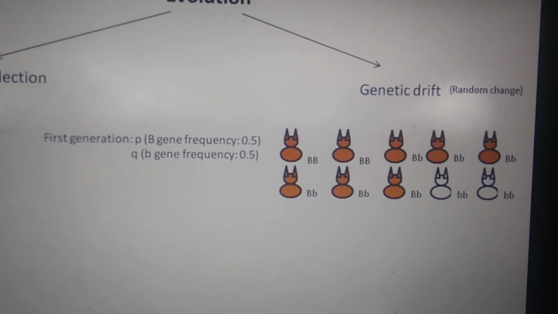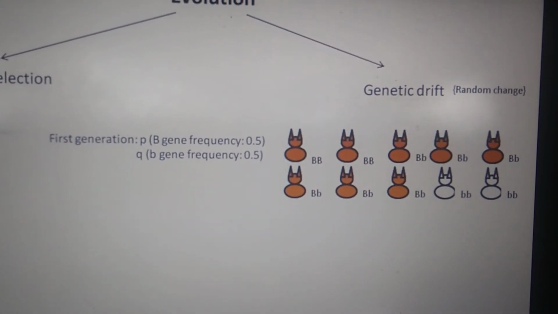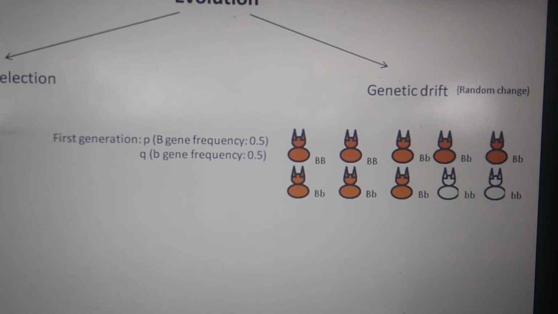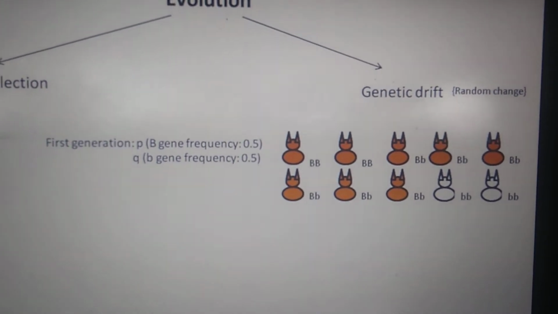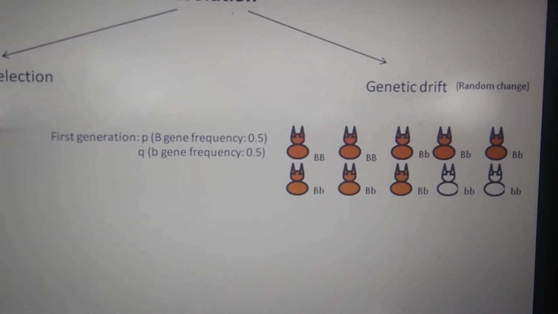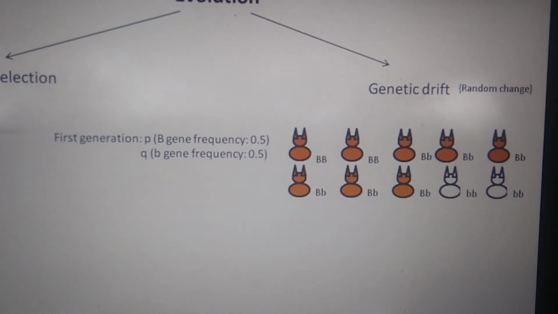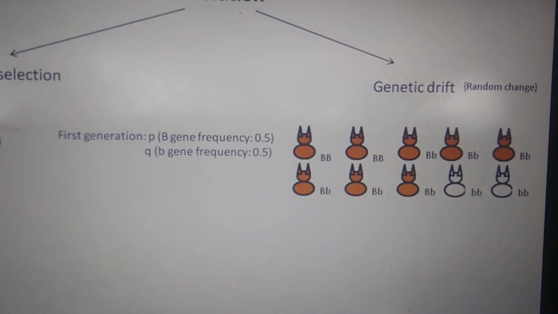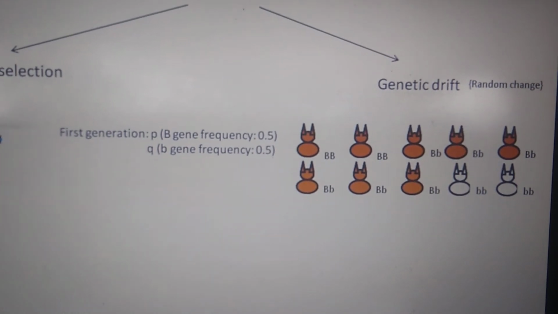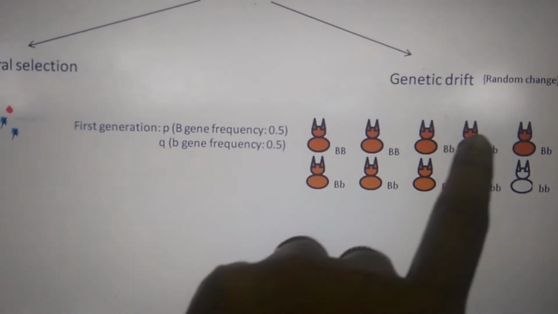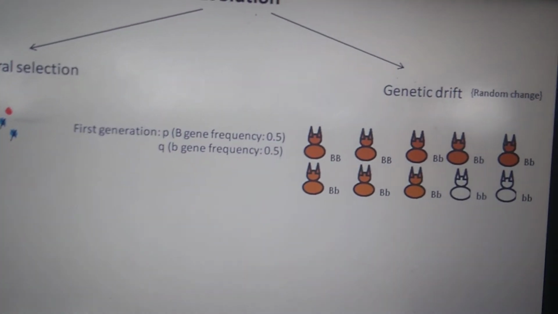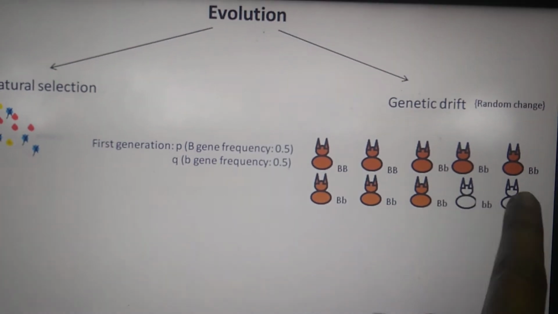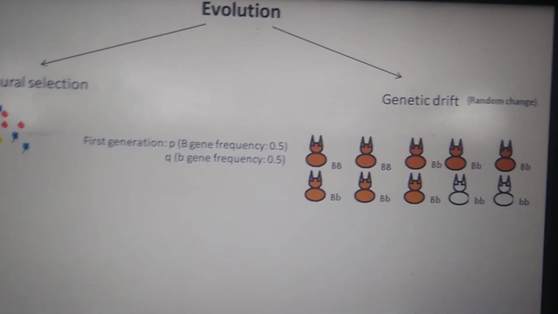So this is the first generation. There are 10 rabbits, 8 are brown, 2 are white. So the phenotypic ratio is 8:2. While the genotypic ratio is different, 2 are homozygous dominant, 6 are heterozygous dominant, and 2 are homozygous recessive.